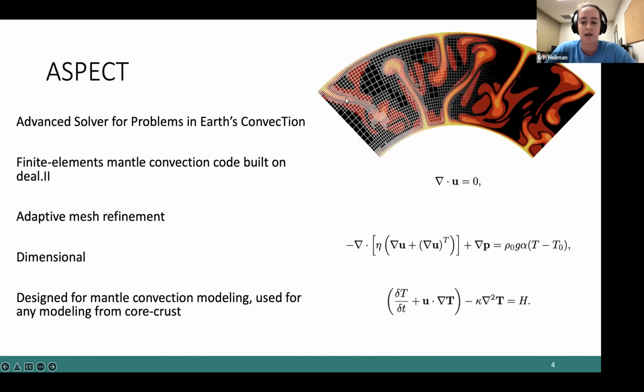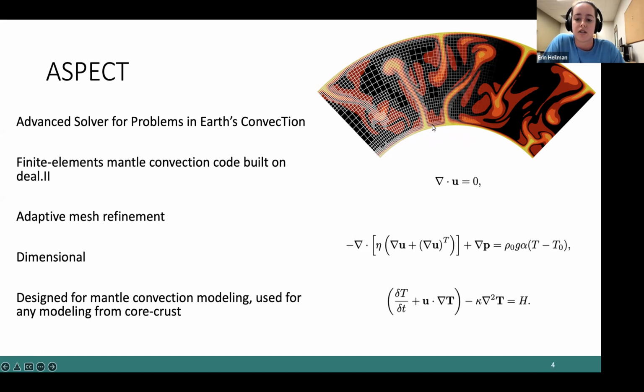So what I'm doing, I'm using Aspect, which is a mantle convection code, and stands for Advanced Solver for Problems in Earth's Convection. It's an open source mantle convection code. It's a finite element code built on deal.II, so it's a little bit separate from how the code deals with the partial differential equations and setup of the mesh. One of the strong points of Aspect is that it uses adaptive mesh refinement, which is shown in its logo here.